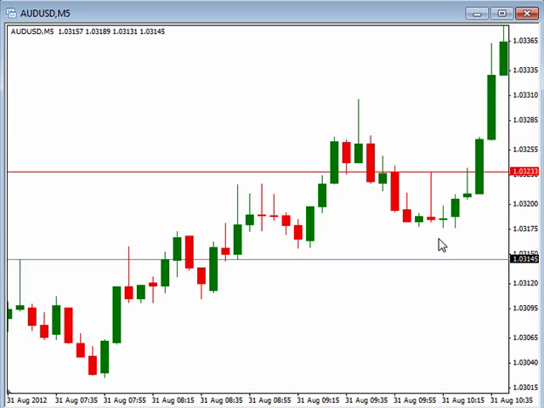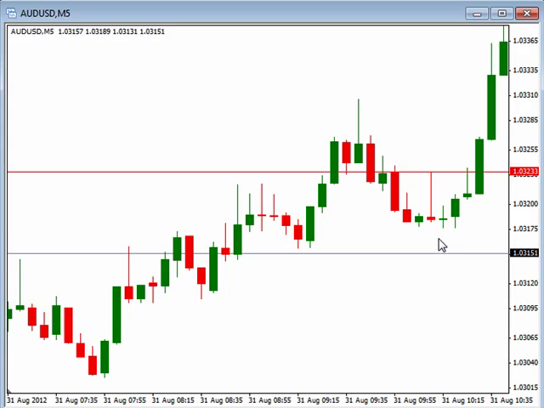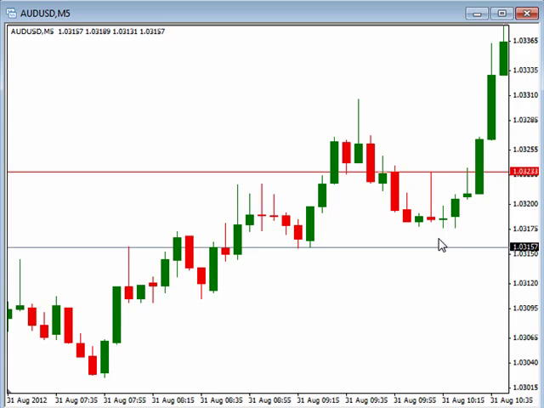So that's what we're looking for. We're looking for the price to start to move back up and entering in as that price begins to move back towards a trend.